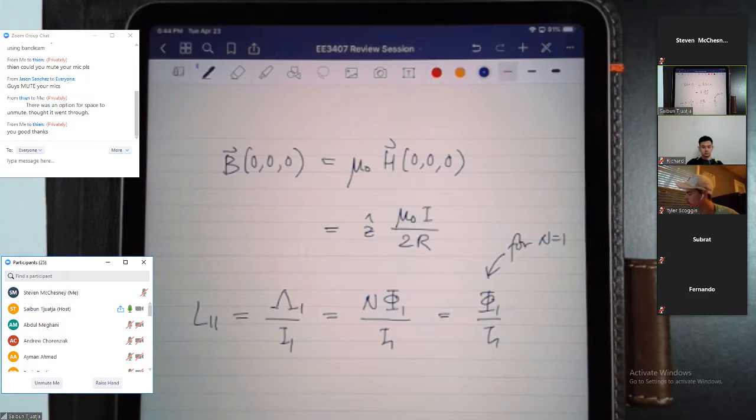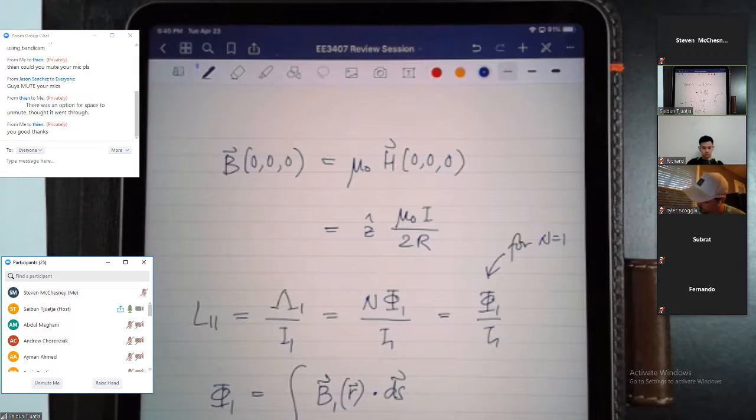For our problem, we only have one turn. So what is phi 1? Phi 1 is the flux generated by current 1, which is equal to the integral over the surface area of B vector due to 1, which is a function of position, dot with dS.